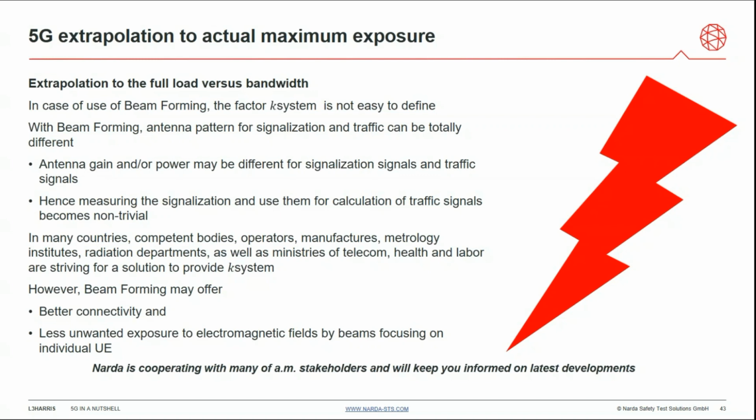So with the traffic beams, it would be possible with spatial sweeping and max hold to look for the maximum in the traffic beam. But if we want to use that approach to calculate from broadcast information to the traffic beam, then with the synchronization signal, it doesn't seem to be possible, because you don't know where you are, and in the worst case you measure in the minima, in the null positions, and these are 20 to 30 dB lower than the maximum beam.